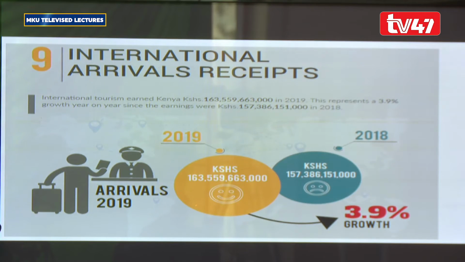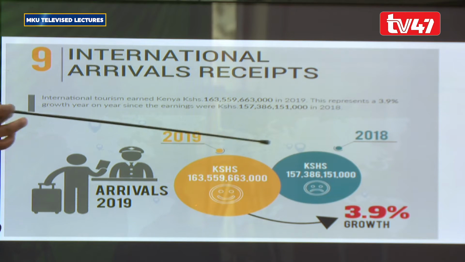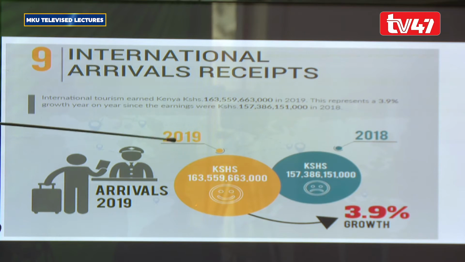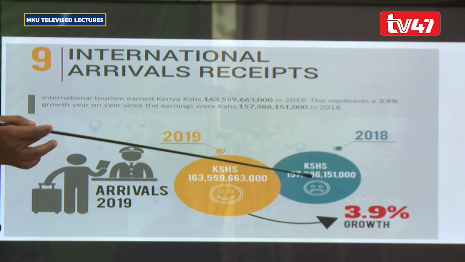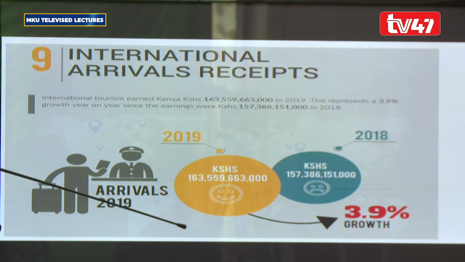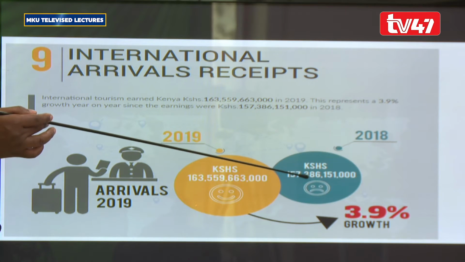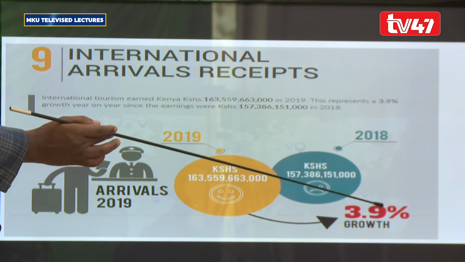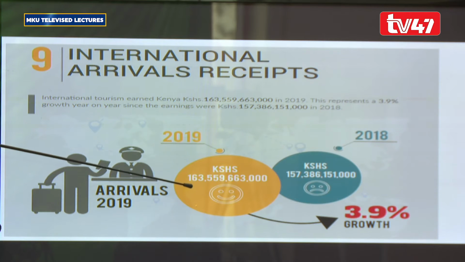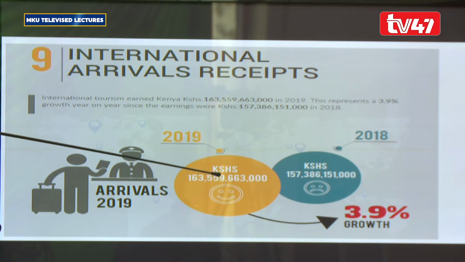Precisely, when we look at the years 2018 and 2019 in a comparative study, we can see that in the year 2018, Kenya earned 157.3 billion from tourism. And in the year 2019, it grew by 3.9% up to 163.559 billion.